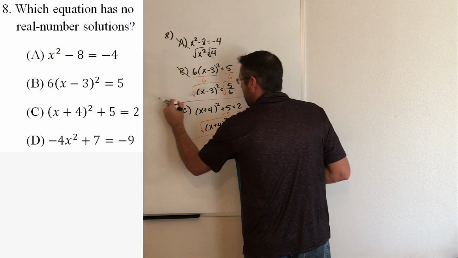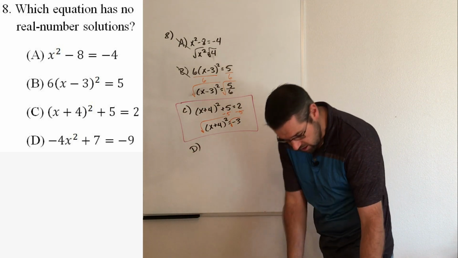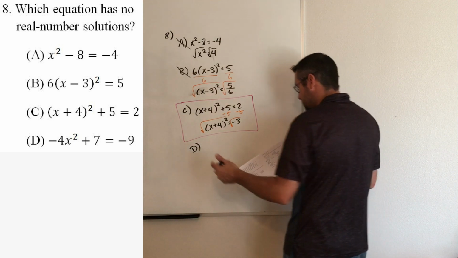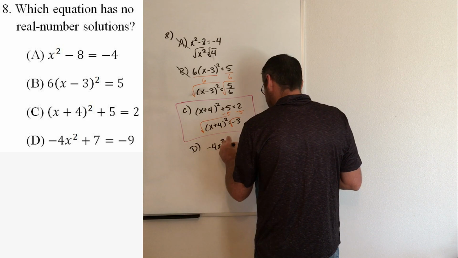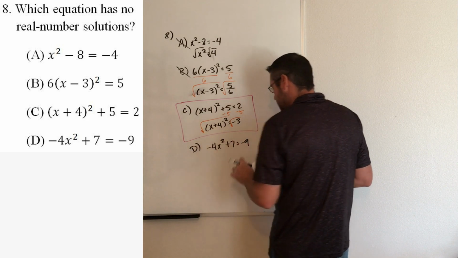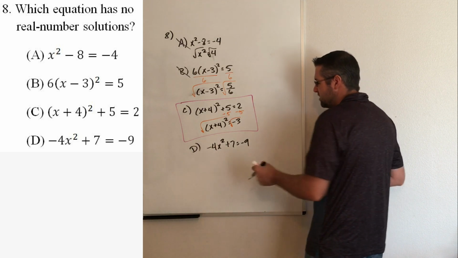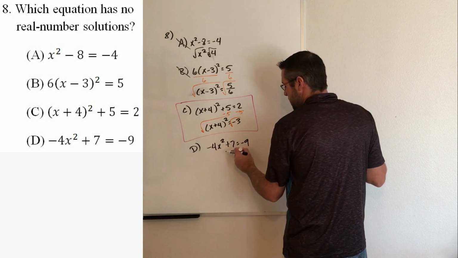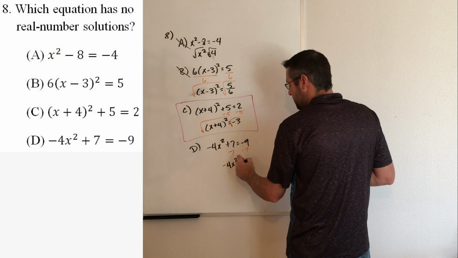Okay? Now, I do want to look at option D, because I thought it did express no real solutions, but we'll go ahead and look at it anyways. This one might be a little deceiving because we see a bunch of negatives in there. So I can just isolate x squared if I wanted to. I'm going to subtract 7. So I end up with negative 4x squared equals negative 16.